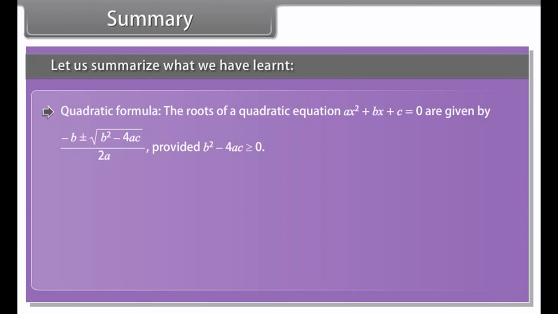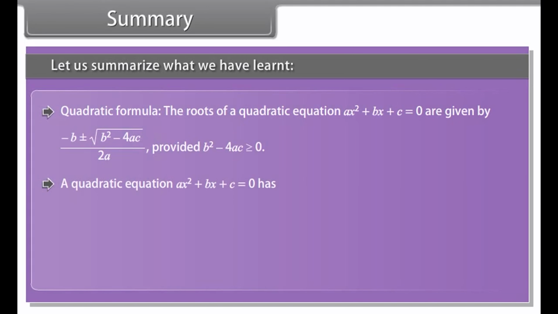Quadratic formula. The roots of a quadratic equation ax² + bx + c = 0 are given by −b ± √(b² − 4ac), whole upon 2a, provided b² − 4ac is greater than or equal to 0.